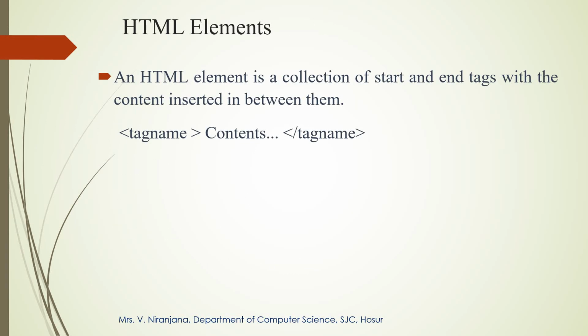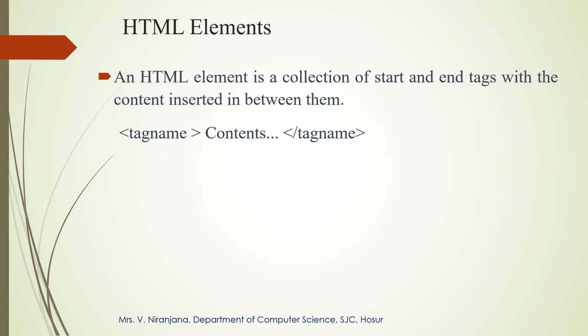An HTML element is a collection of start and end tags with the content inserted in between them. HTML elements are building blocks of web pages, representing different types of content such as headings, paragraphs, links, and images.